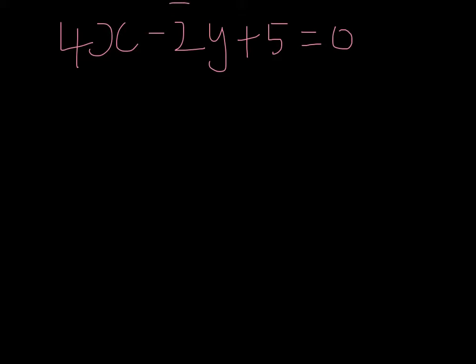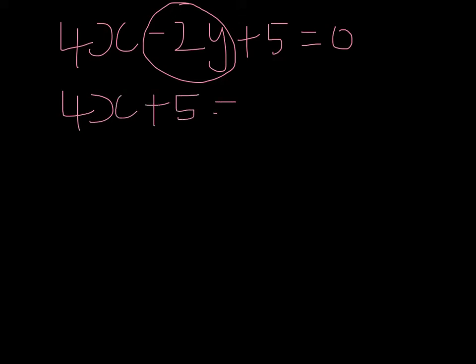So I've got this negative 2y on the left-hand side of the equation. I'm going to put this over on the other side, and it'll make everything positive. So we've got 4x plus 5 equals 2y. Now because both sides are positive, we can just swap everything about.